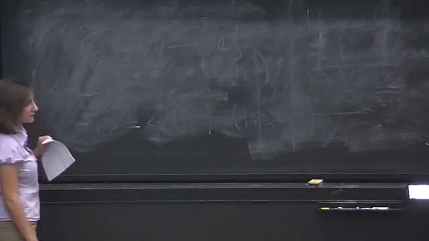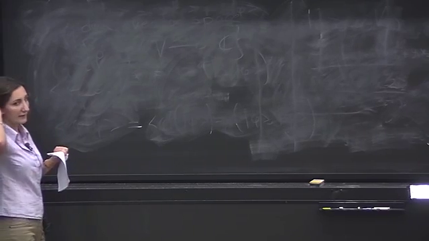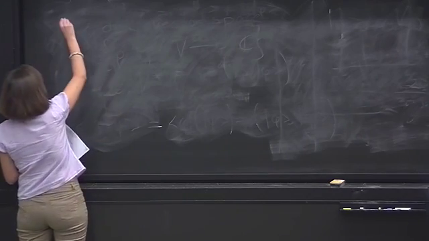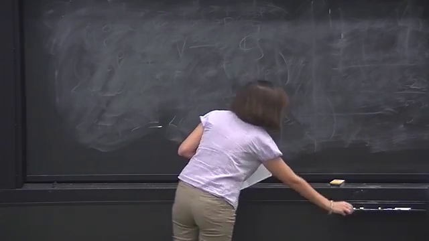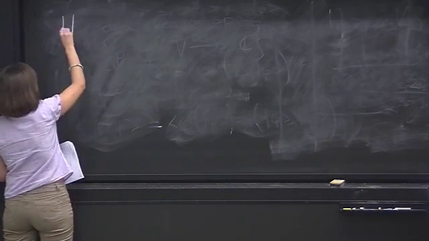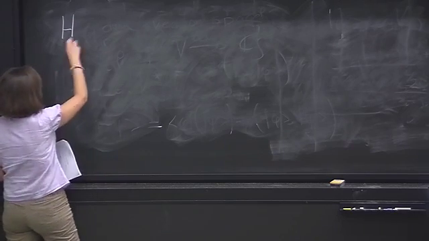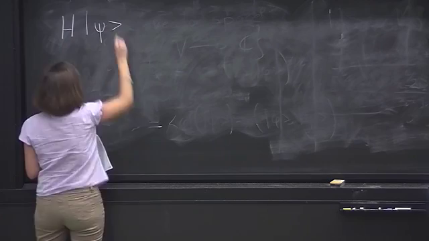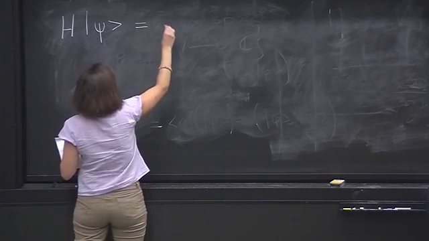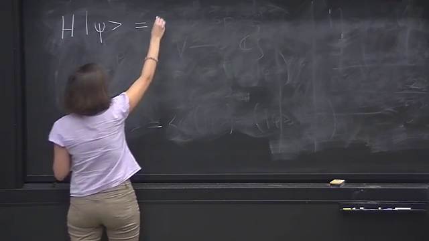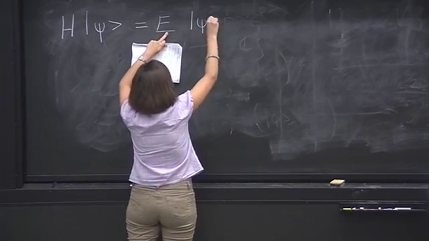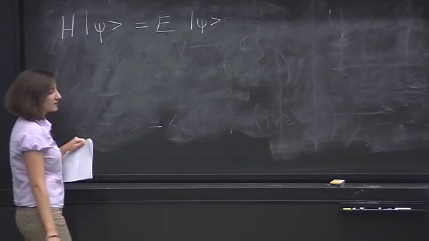Having talked about operators, let's talk about eigenvalues and eigenvectors of operators too. And let's go back to quantum mechanics, where you're usually looking for eigenvalues and eigenvectors of your Hamiltonian. So this is an operator, H. And if psi is an eigenvector of H, then H acting on psi will give us back a number E times the same vector again.